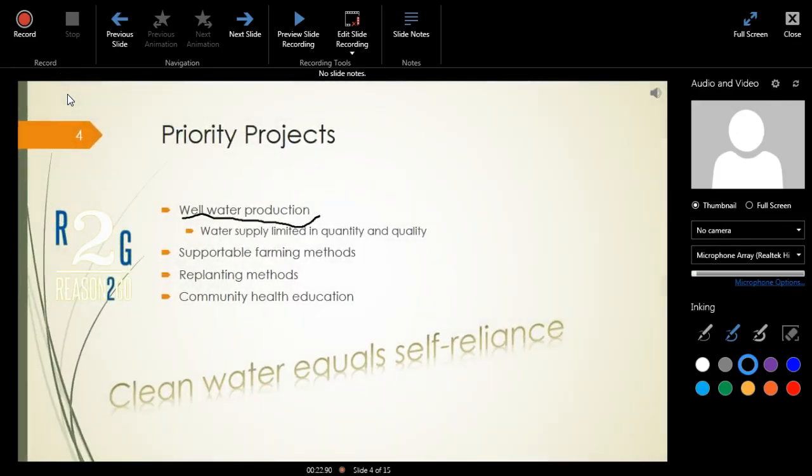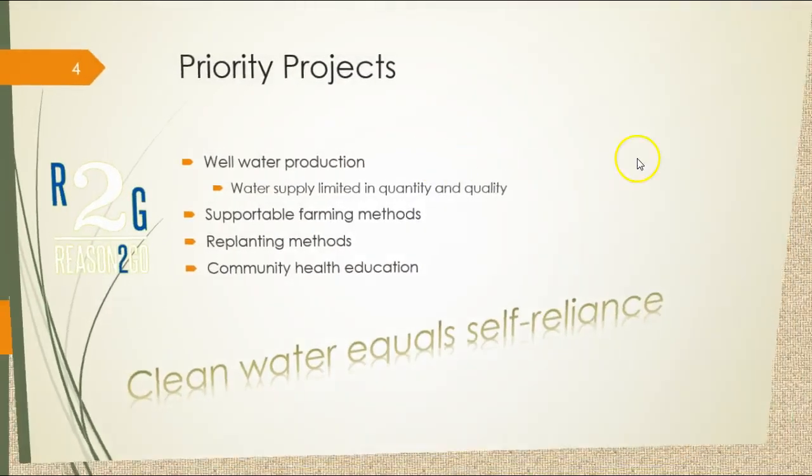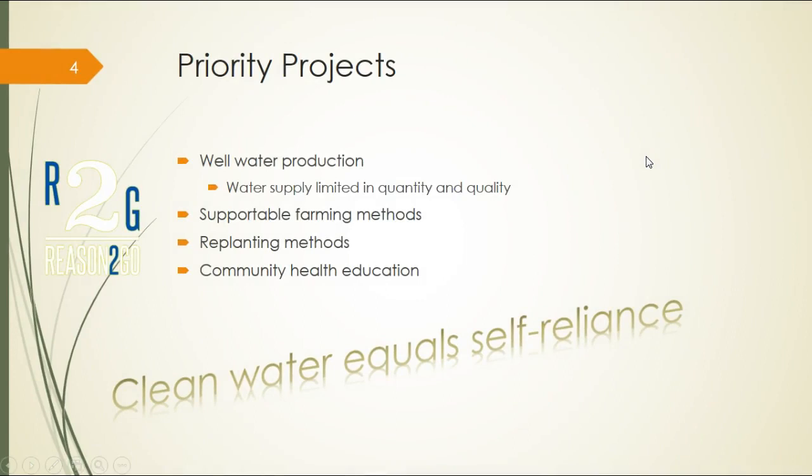Alright, so that was tough. I had to say those two slides, and then they wanted me to draw a line under well water production. Let's click the preview slide recording. R2G has several priority projects.